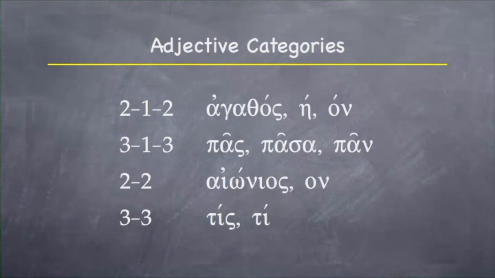The masculine and feminine are second declension, and the neuter is second declension. And there's also a 3-3 kind of adjective, and tis is that kind of adjective, where the masculine and feminine are third declension, tis, and the neuter is also third declension. So those are the 4 categorization schemes for adjectives.